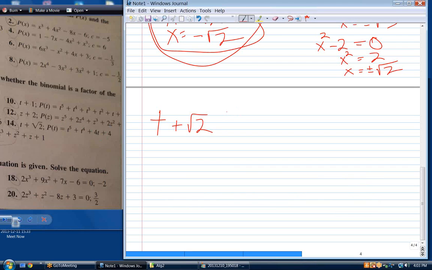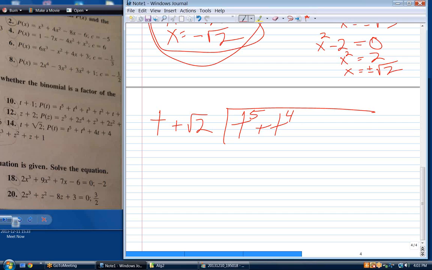Well, let's try to do long division. Or, better yet, we could try to do synthetic division. First of all, let's do it both ways. What do I need to finish writing inside the radical sign if I'm going to do long division? Same thing for long division as you would do for synthetic division.